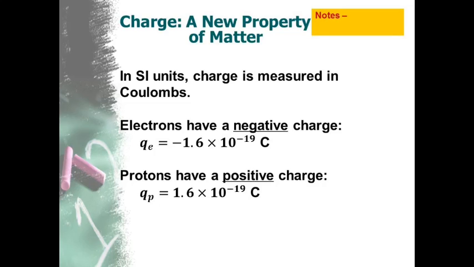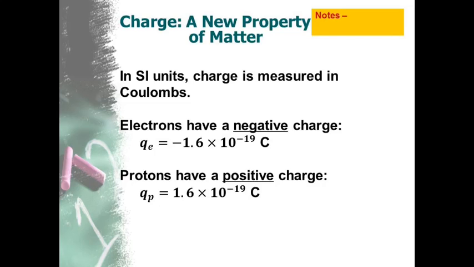An electron has a negative charge equal to -1.6 times 10 to the -19 coulombs. Compared to a coulomb, that's a really, really small amount. And a proton has a positive charge of 1.6 times 10 to the -19, but a positive number instead of a negative number.